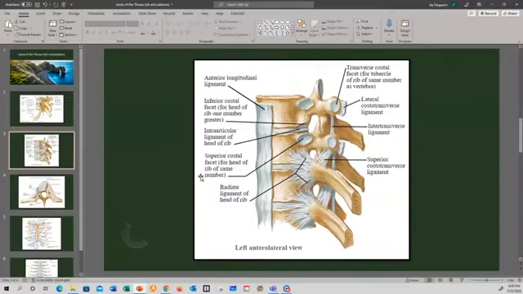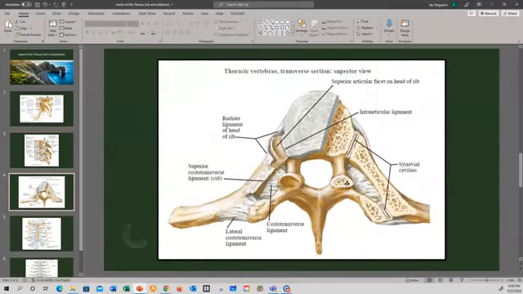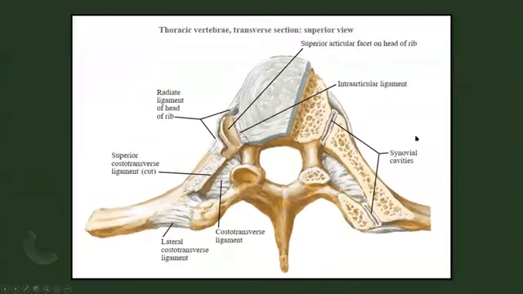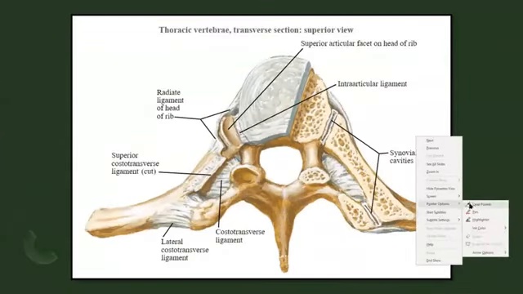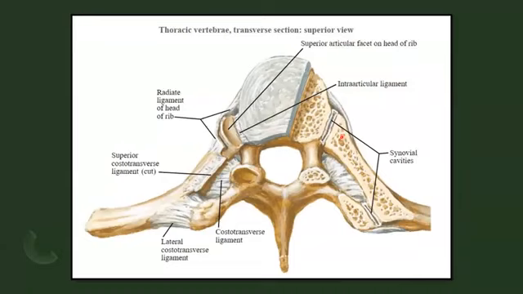Now, we also know that if we look at a superior view, we can then see the synovial cavities, or joint cavities, of both the articulation between the head of a rib and the body of a thoracic vertebra, as well as the joint cavity between the transverse costal facet on the transverse process of a vertebra and the tubercle of the rib.